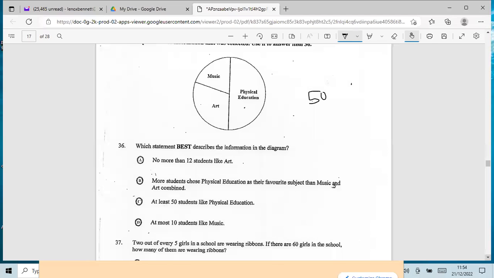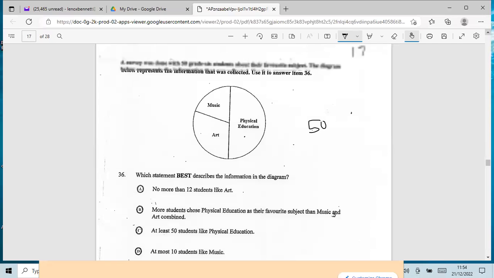Wait, sir. Could you go back to the instruction? All right. So it says the survey was done with 50 grade 6 students. I know that's the number you're looking for. Okay. So, sir, C is not correct. So it would be D. At most 10 students like music.